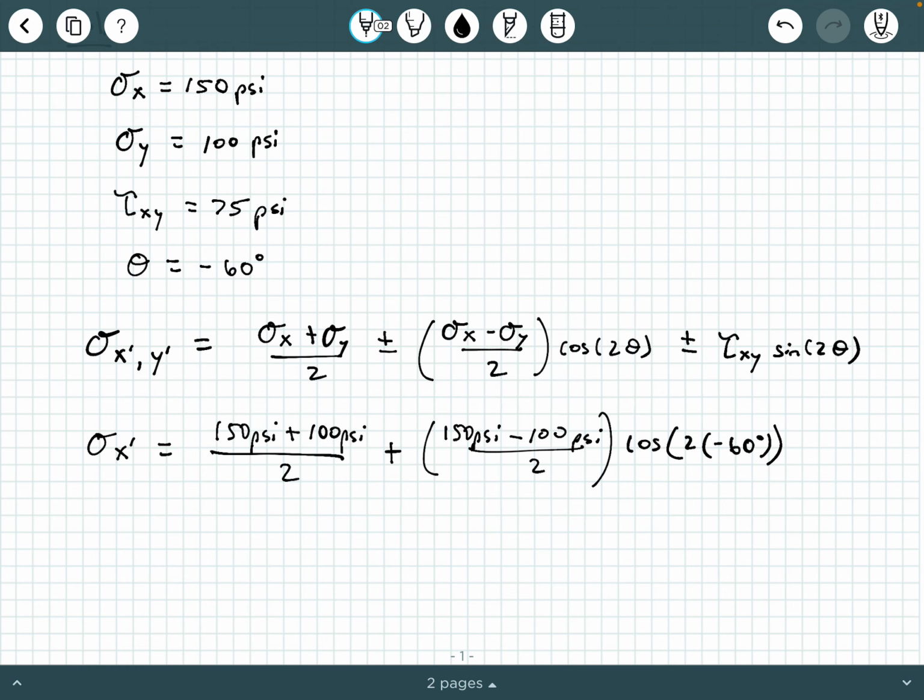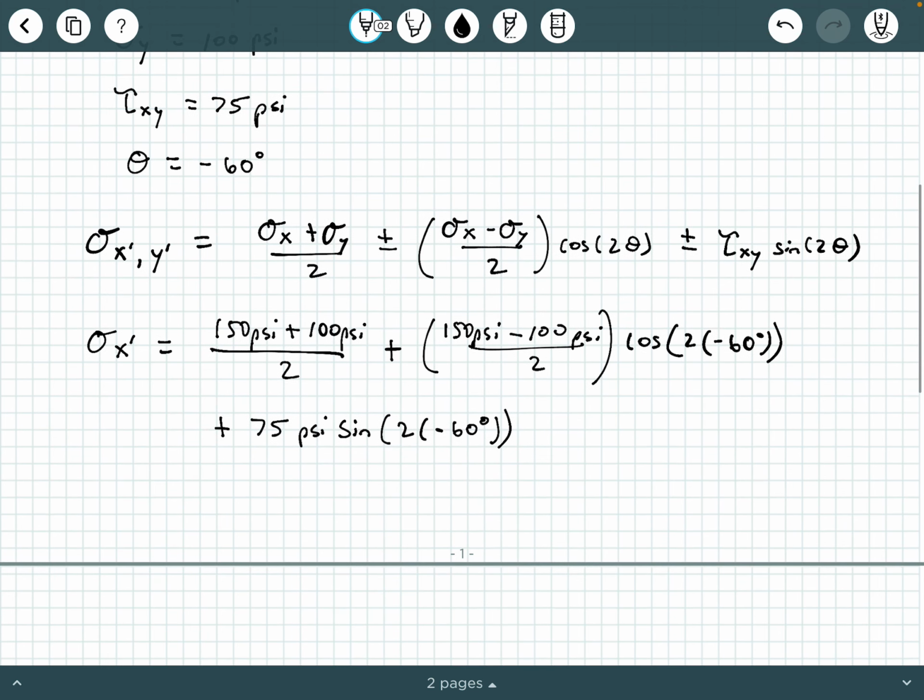So when you enter into that cosine, you need to input negative 60 degrees there. And then I'm going to wrap this around, plus tau xy, which is 75 psi, times the sine of 2 times, again, negative 60 degrees there.